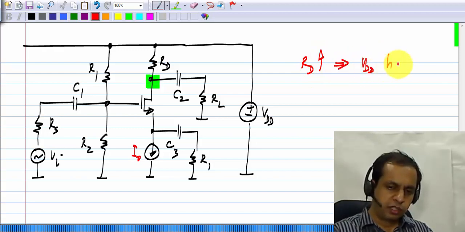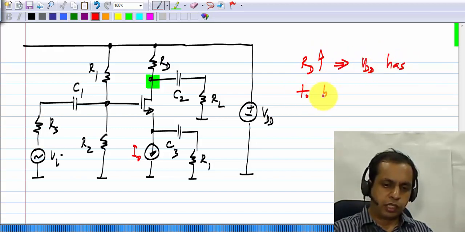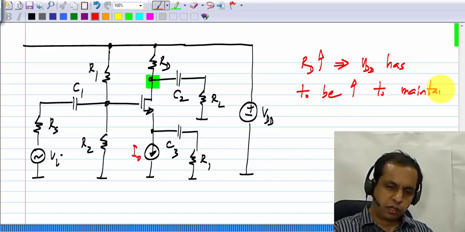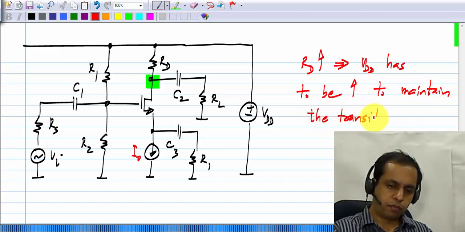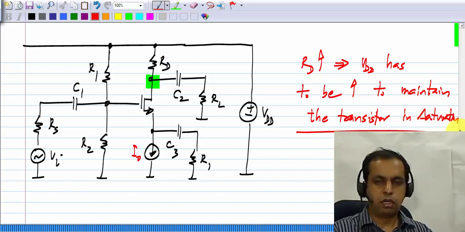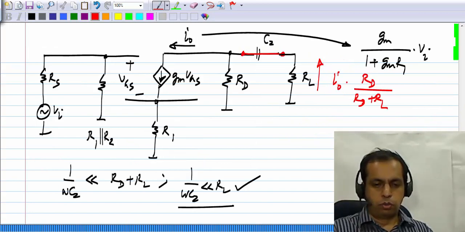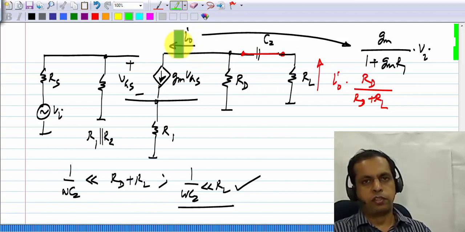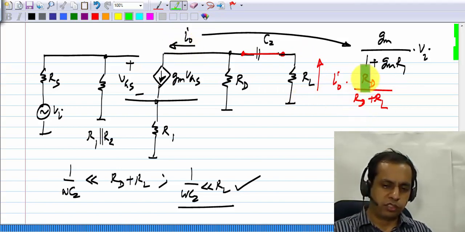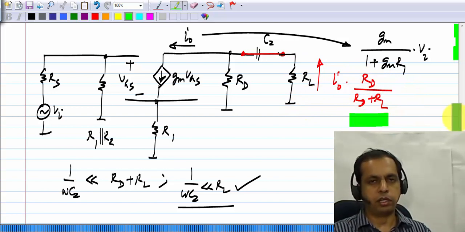So if RD is very large, VDD has to be increased to maintain the transistor in the saturation region. So there is some limit to what RD you can have. That means that it's only a fraction of this current that goes into RL, and that may be okay because this is still a resistor ratio and may be accurately determined.